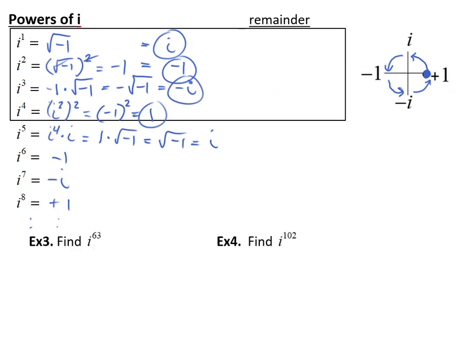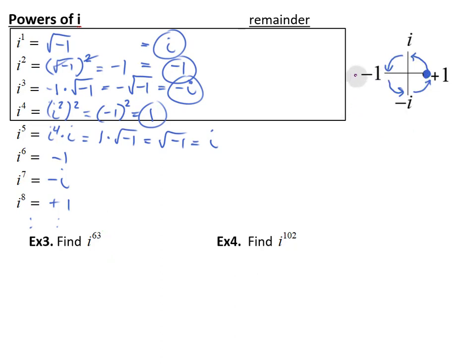So how can we use that to answer questions like these? How do I find these large powers of i? Well, if I wanted to do i to the 63rd, I don't want to count around this 1, 2, 3, 4, 5, 6, 7, 8, until I get to 63, right? I mean, that's bordering child abuse there.